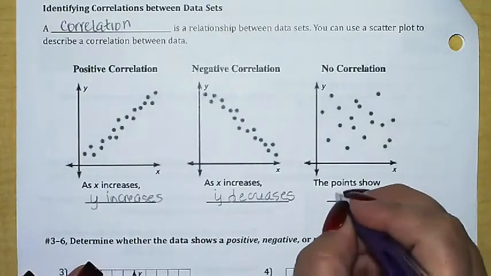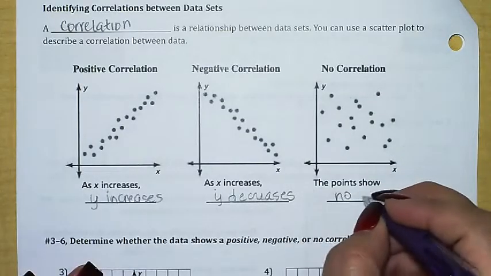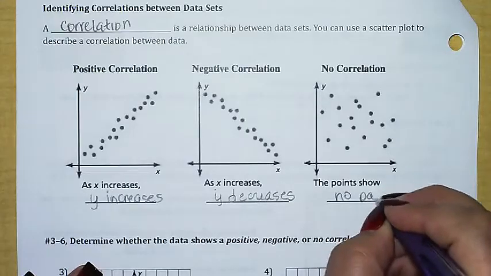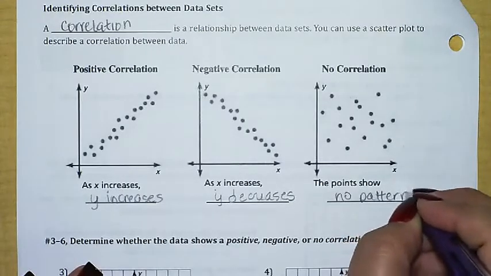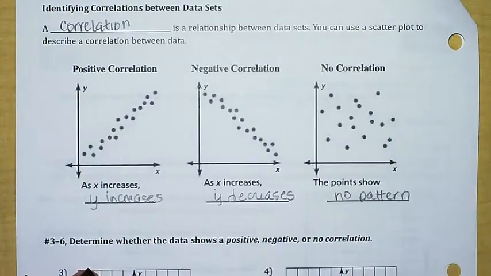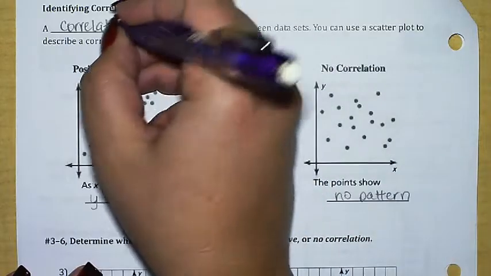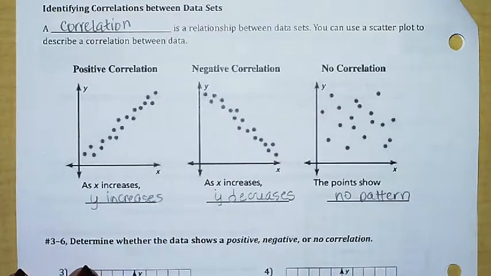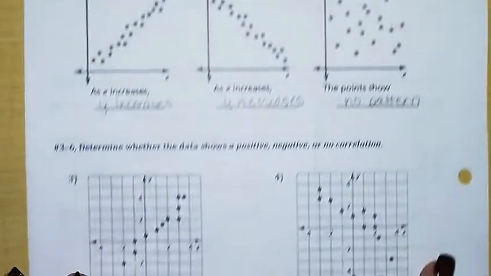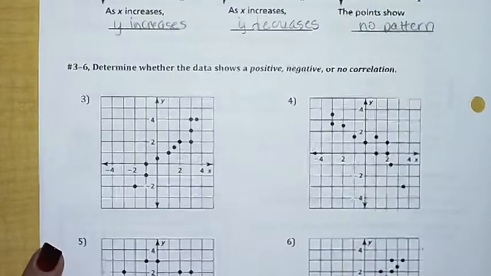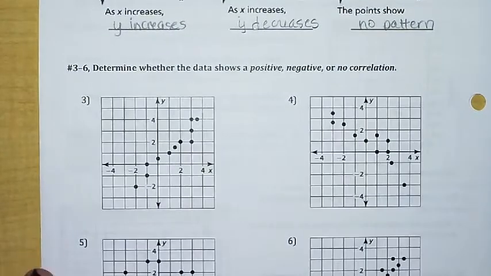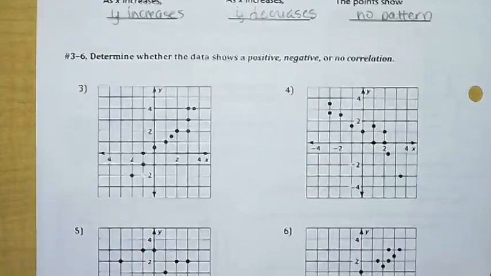Basically, if the points show no pattern, upward or downward, then we consider that to be no correlation. And that happens a lot too. Sometimes we make the scatter plot to find out, is there a correlation? Is there some sort of relationship? Sometimes we run experiments and find out there's really nothing connecting these two data points. Then you would see no correlation in the data.